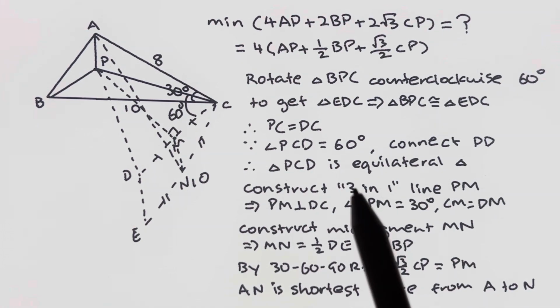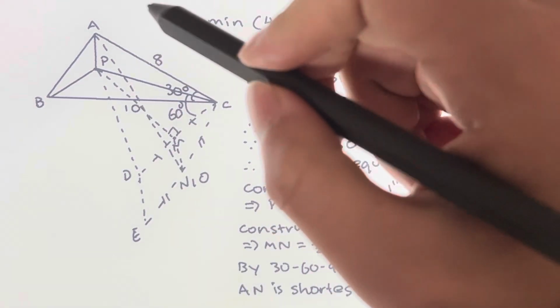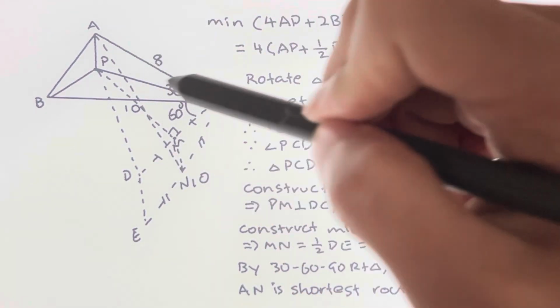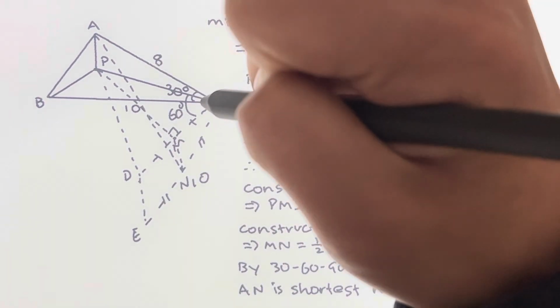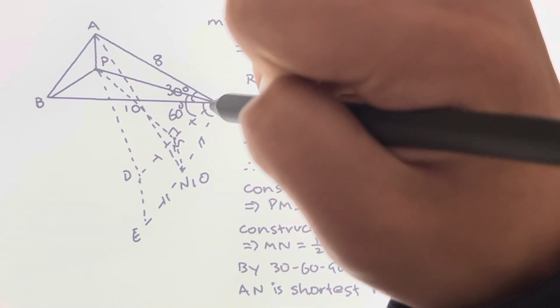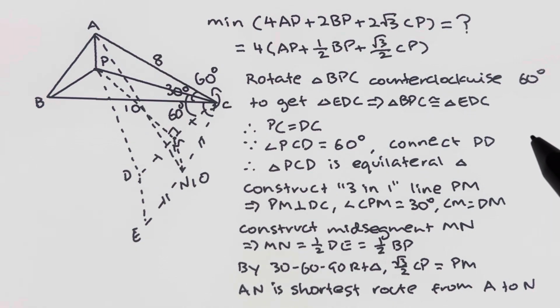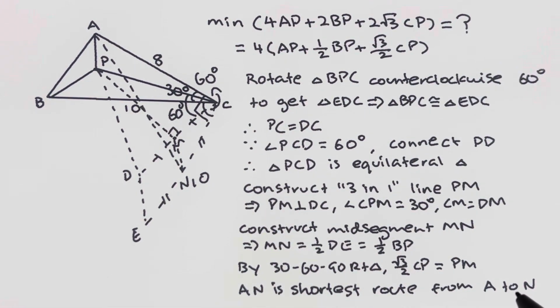And then to find it, first of all, we realize that we have angle PCD equal to 60 degrees here. However, by the congruent triangles, angle PCB would equal angle DCE, meaning that this is also 60 degrees. So we have angle ACE as 30 plus 60, which is going to be a right angle here. So we can find AN through the Pythagorean theorem. We have AC as 8.